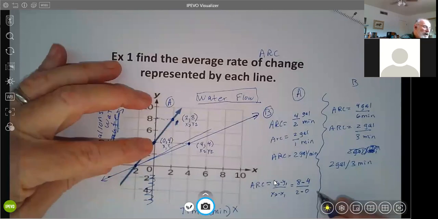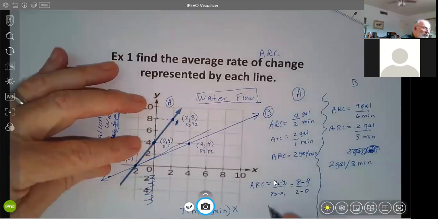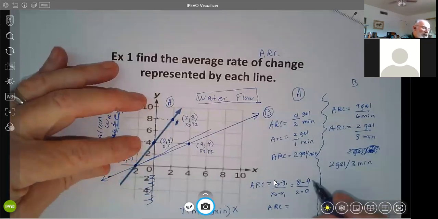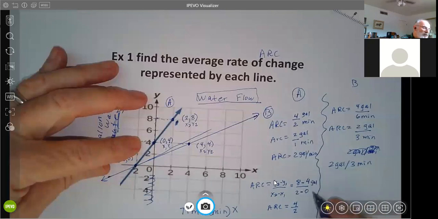Okay. All right, so that simplifies to average rate of change equals 8 minus 4 is 4 over 2, which simplifies to 2 over 1. Well, remember, these are gallons, so gallons per minute. So this is 4 gallons over 2 minutes.